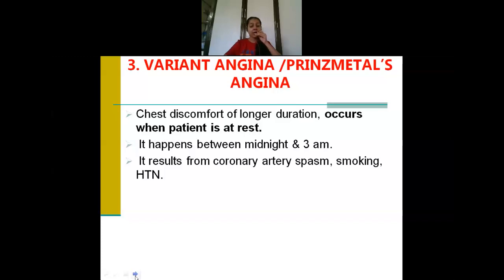So there will be decreased cardiac output, and because of more workload on the heart, chances are that the person may experience chest pain at night time. That is a major reason most of the heart attacks or chest pains occur at night time. That is Prinzmetal's angina. But remember, Prinzmetal's angina means it is occurring at rest, or it can happen anytime.